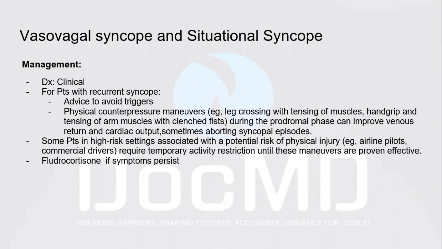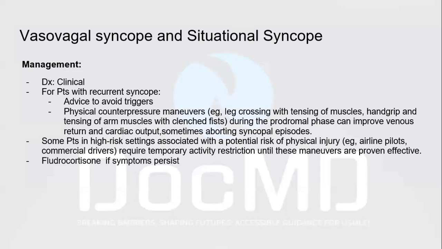Basically, the vagus nerve is supposed to decrease the blood pressure and everything. So you have to do measures that increase the blood flow to the brain. It's not written over here, but there was also a maneuver where you raise your legs to increase the blood flow to the brain.